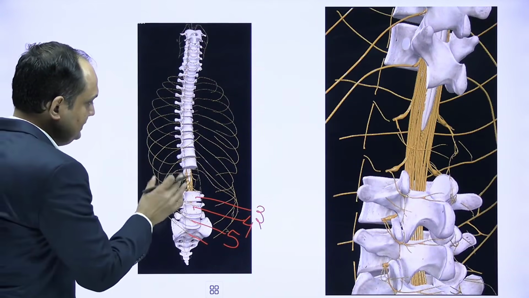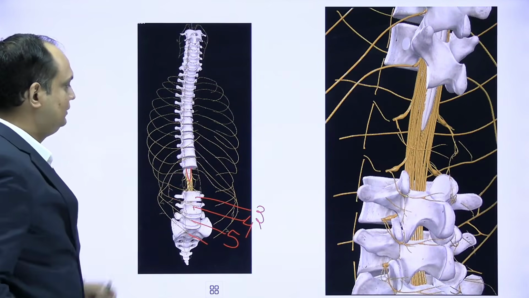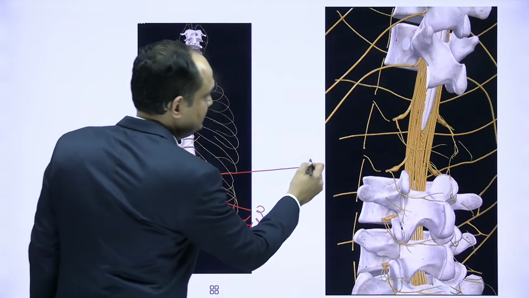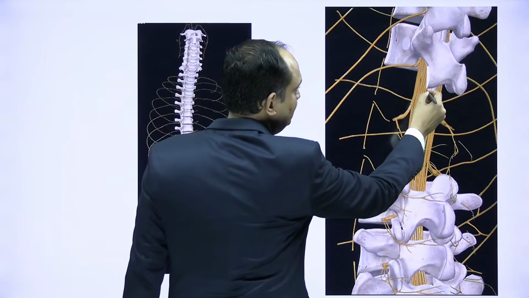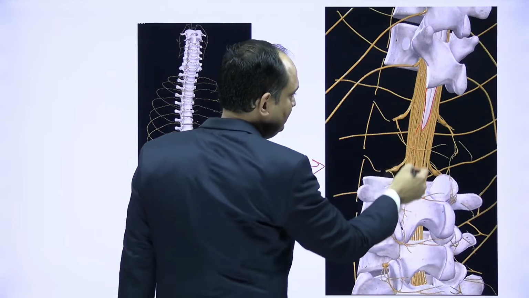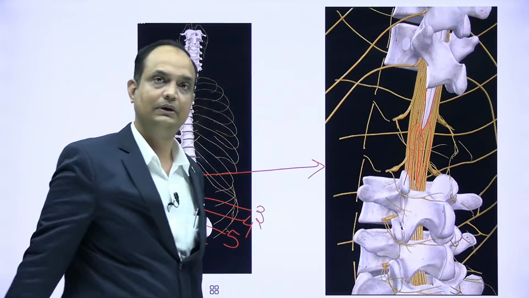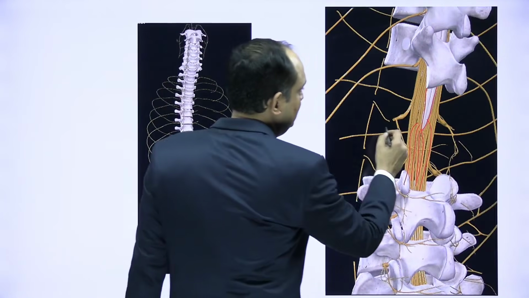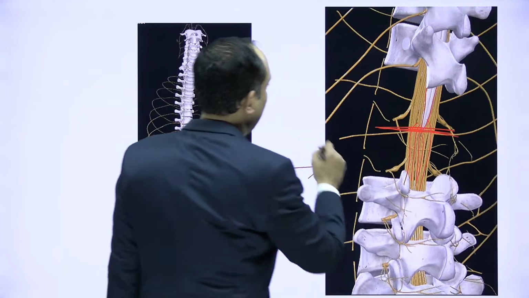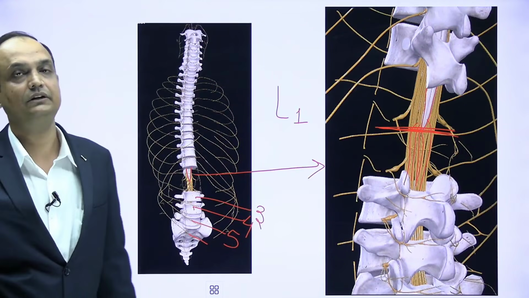Once you remove these, inside the vertebral canal you will find the lower end of the spinal cord. When you enlarge this image, you can see the lower end of the spinal cord which ends here, but the nerve fibers are still arising and going downward into the vertebral canal. So what is this level? This level is the lower border of L1, or you can say the intervertebral disc of L1, L2.